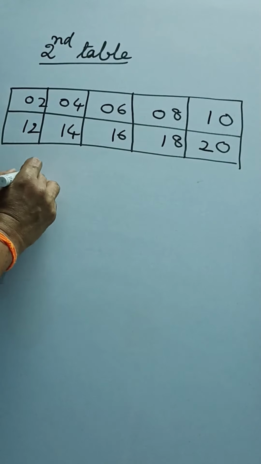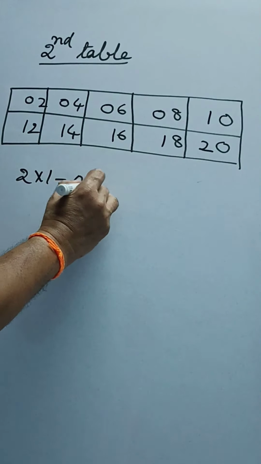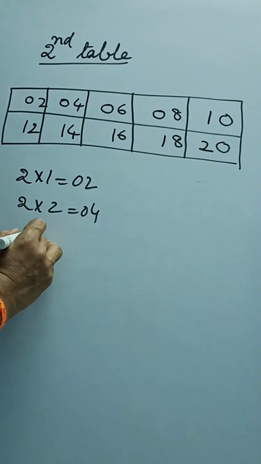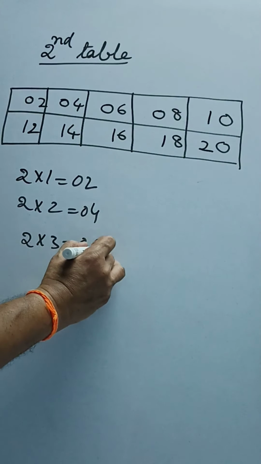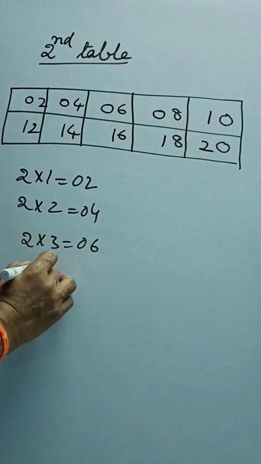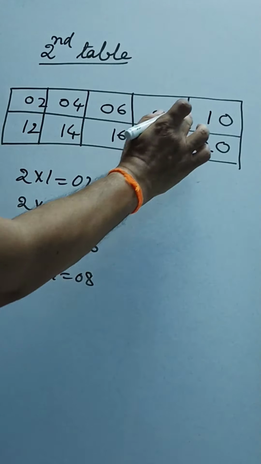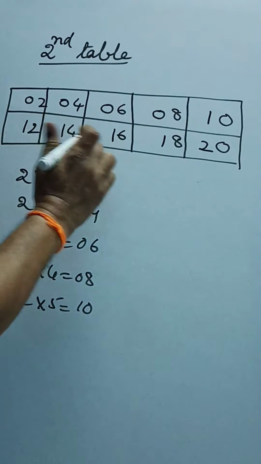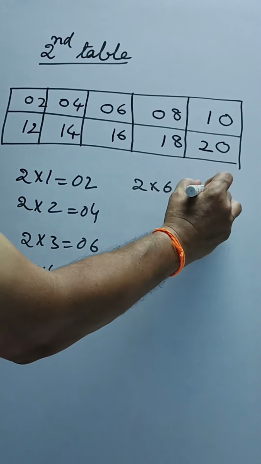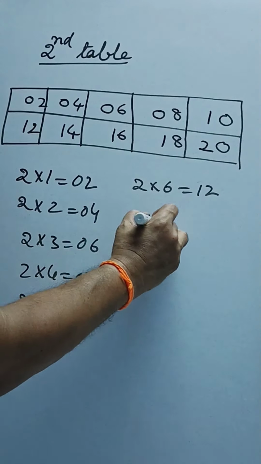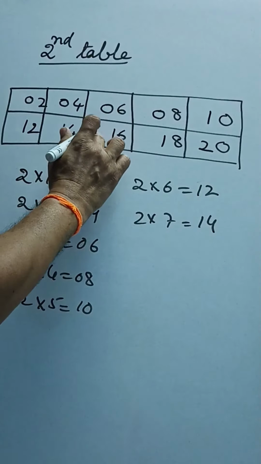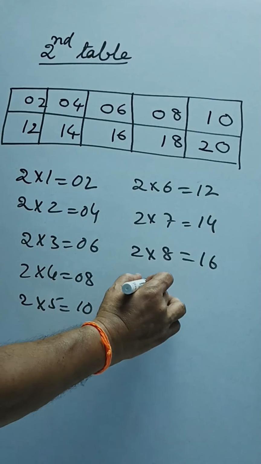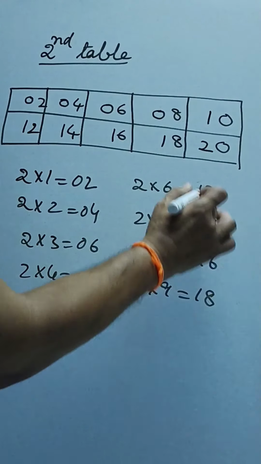We can write our table as: 2 ones are 2, 2 twos are 4, 2 threes are 6, 2 fours are 8, 2 fives are 10, 2 sixes are 12, 2 sevens are 14, 2 eights are 16, 2 nines are 18, 2 tens are 20.